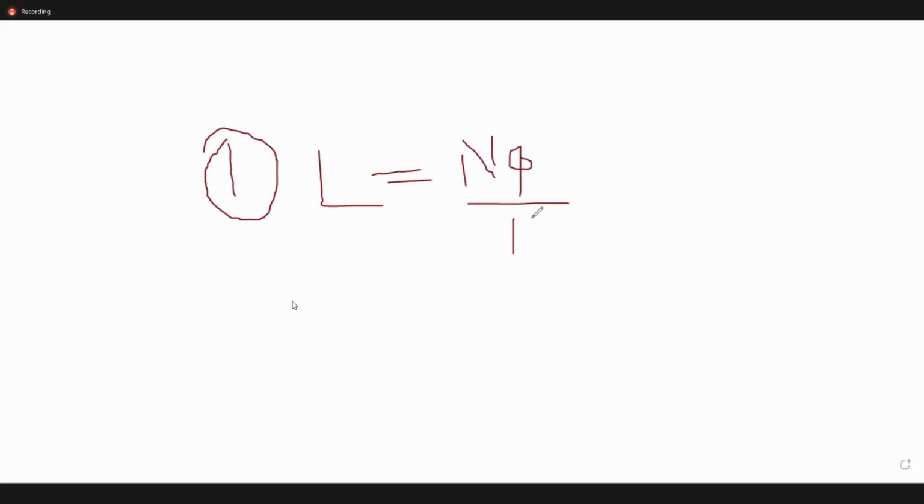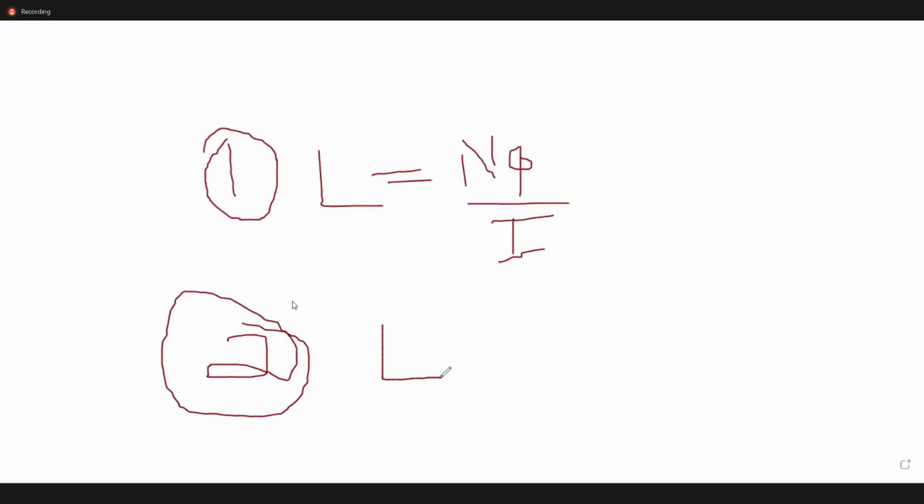Clear? Second formula समझ में आया? First formula क्या है रे? L is equal to flux linkages divided by I. Second formula क्या है? L is equal to self-induced EMF divided by dI by dt from the formula.